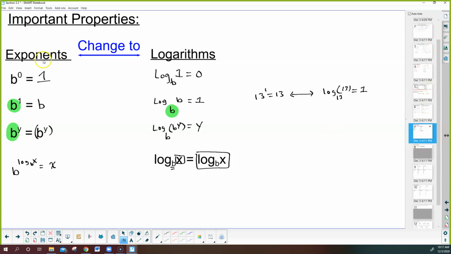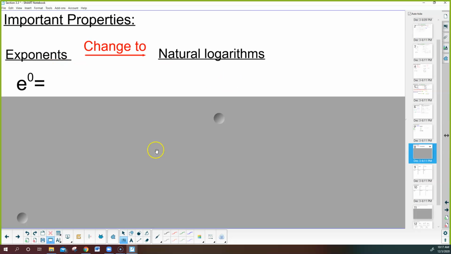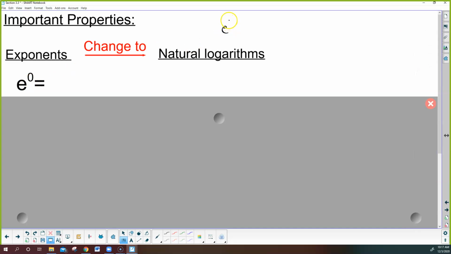Okay, now we did this with exponents and regular logs. The same situation is true with the natural logs. So we're going to make that change here quick. I'm just going to show you what that looks like. All right, now e, just remember e is a base, right? And if we did e to the first power, it's like 2.718 dot dot dot.